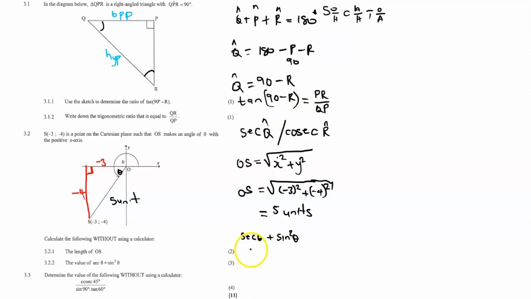So the hypotenuse is 5, and then the adjacent is going to be the x, which is -3, and then it's plus sine squared theta. Sine is opposite over the hypotenuse, which means it's -4 over 5, and then you square that. Now remember that when you introduce the square root, it has to be plus or minus. So this 5, we just took the positive one because we know that the hypotenuse is always positive.